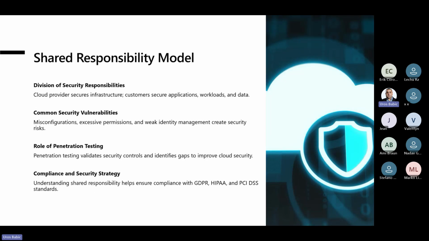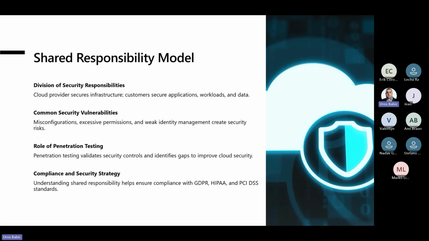What is the point? We must understand many things, but one of the most important as you consider and evaluate public cloud services, from the Microsoft perspective, is to understand the shared responsibility model: which security tasks the cloud provider handles and which we handle.